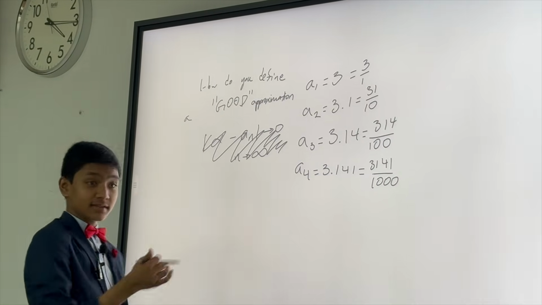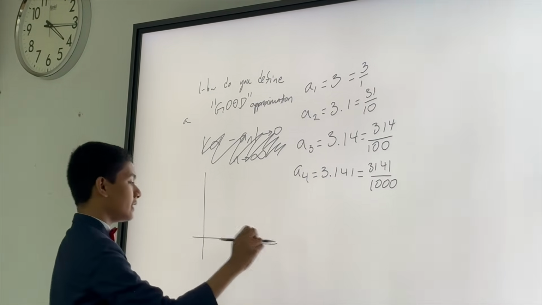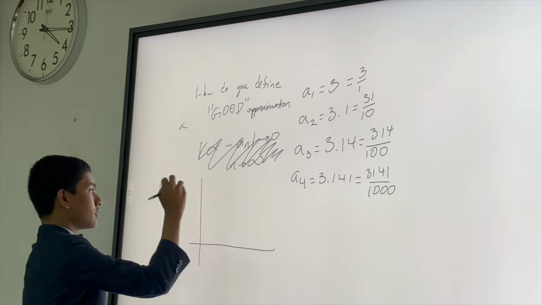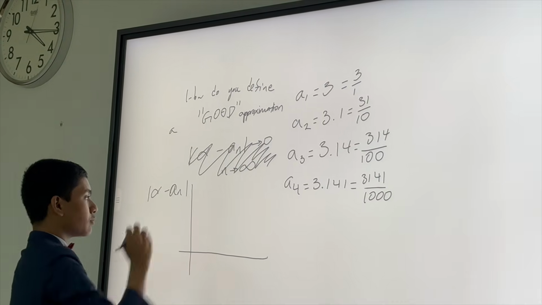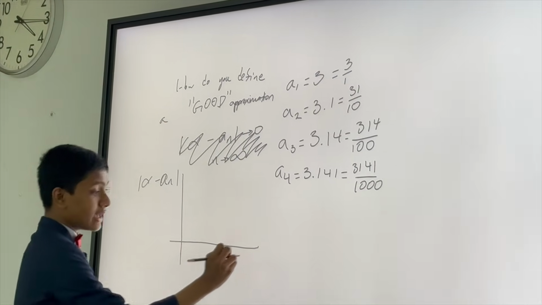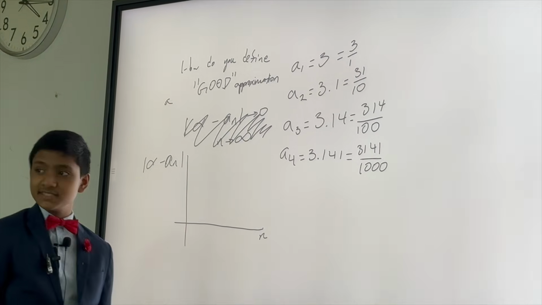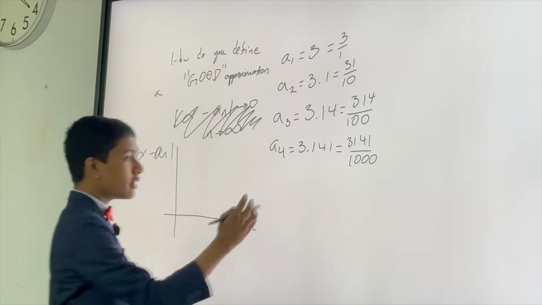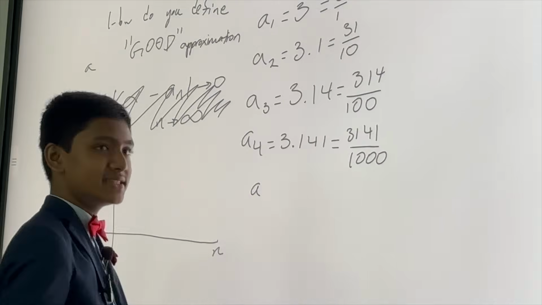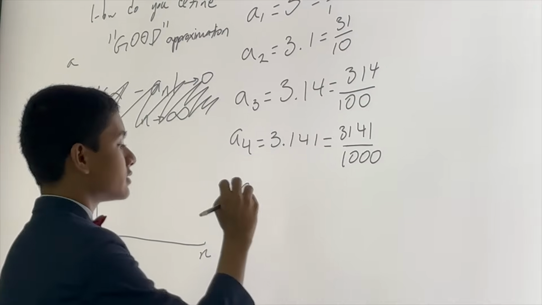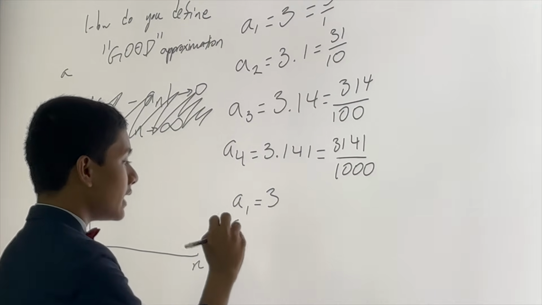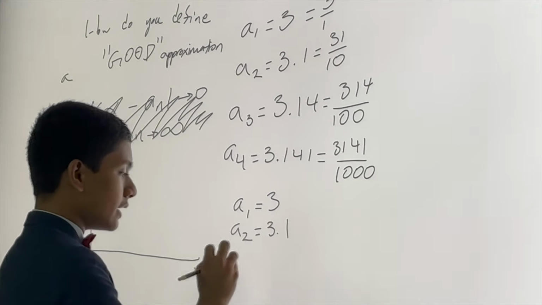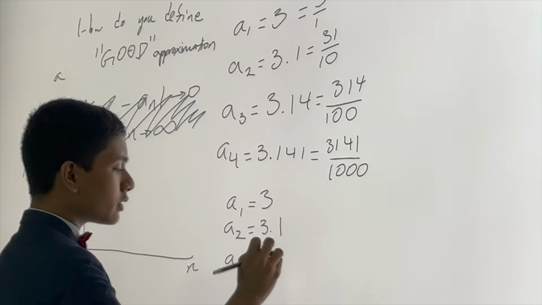Maybe we can measure it by taking the discrepancy between the approximations and the actual number and measuring it with respect to the approximation number, but that's also a terrible measurement. Why? Well, let's say I have approximation method A, where A1 is 3, A2 is 3.1, A3 is 3.14, or it could be anything.